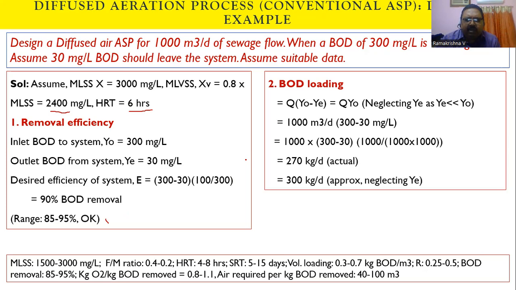But here 300 to 30 is a reduction and the flow rate is 1000 meter cube per day. So applying all the corrections, it comes out to be 270 kg per day. This is the actual. If you neglect the YE, it is equal to 300 kg per day.